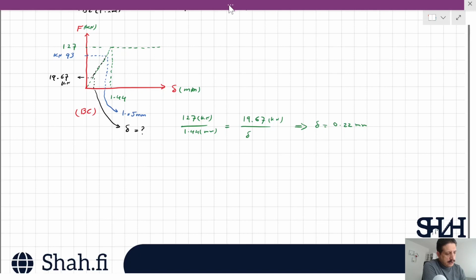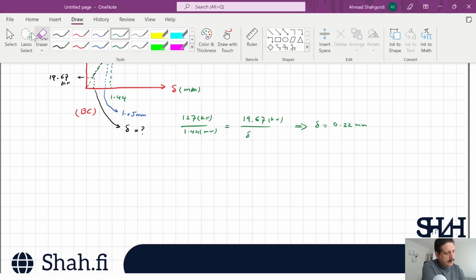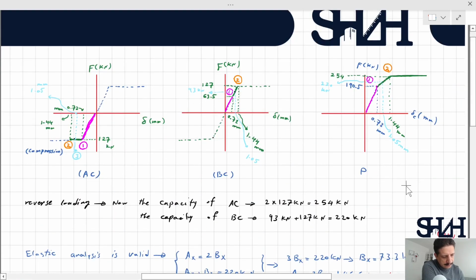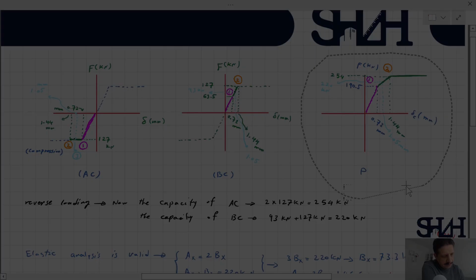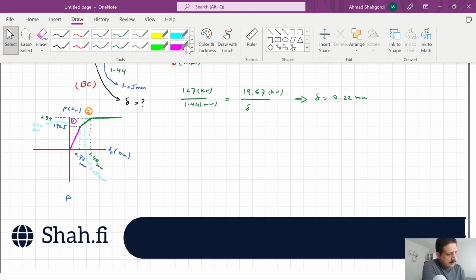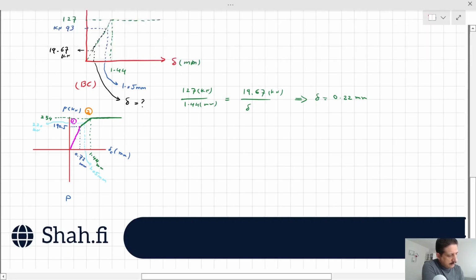We can also check this value from the other graphs. For example, if we bring our sketch for the force P. So in the reverse loading, it will come back to being reloaded, but by the slope of the elastic side. I can sketch it outside of this graph.